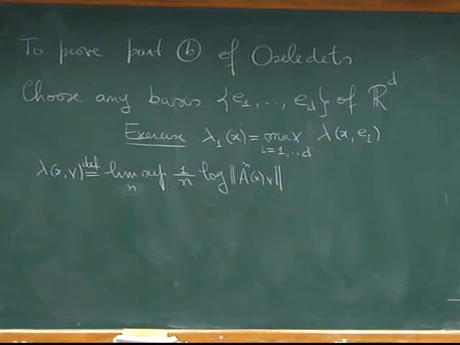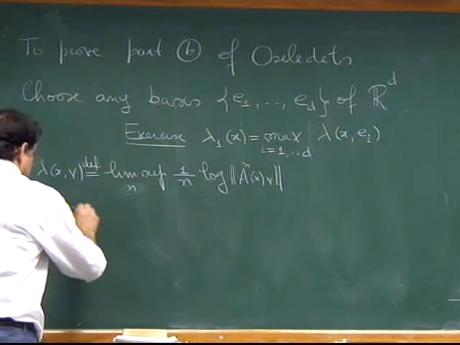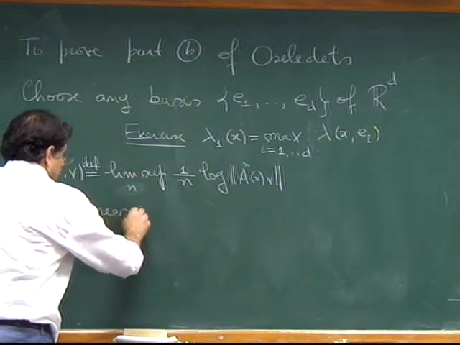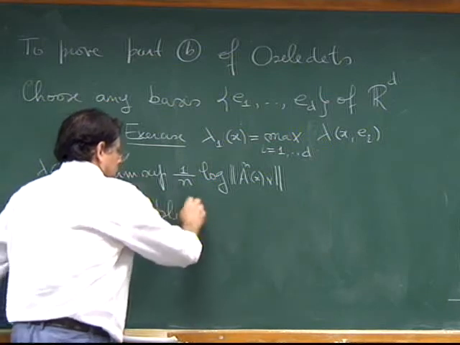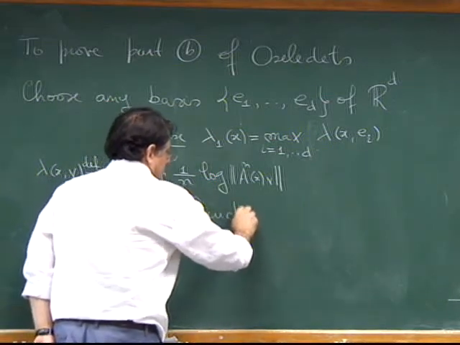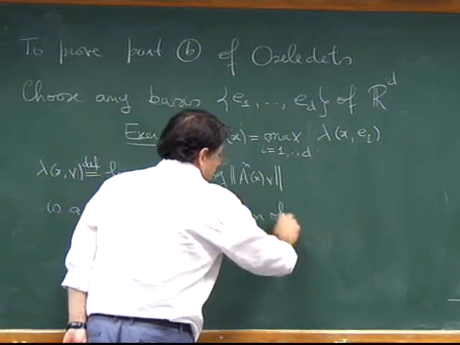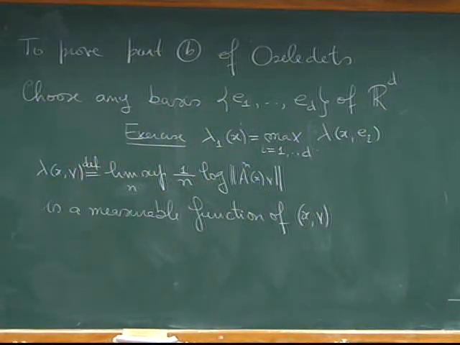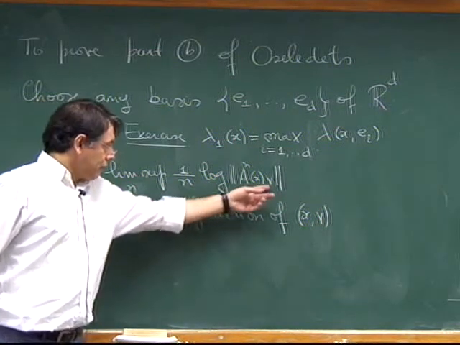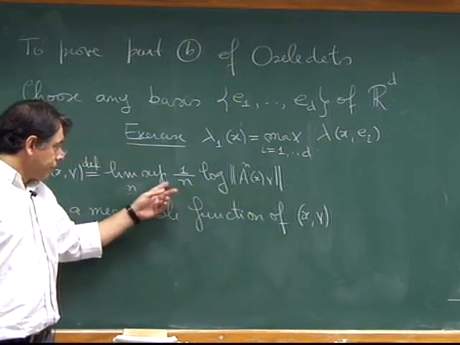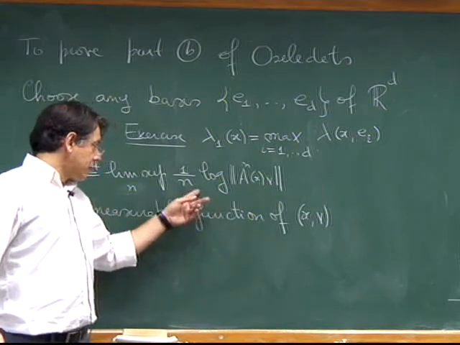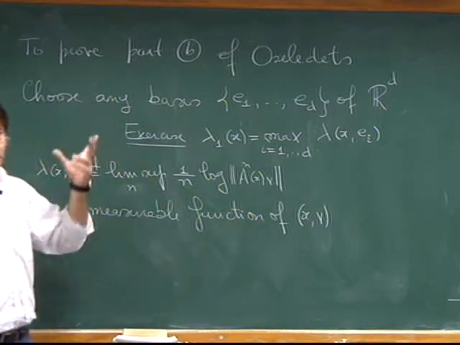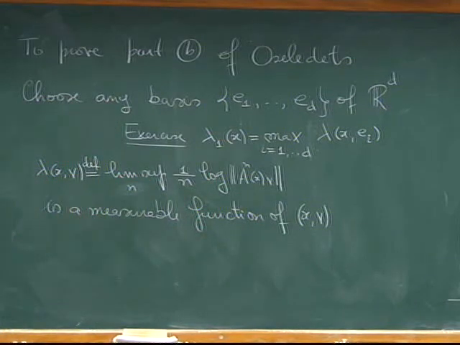And this, by construction, is a measurable function of x and v. Everything here is measurable, and we have lemmas that tell us that if we have a sequence of measurable functions, the lim sup is still a measurable function.